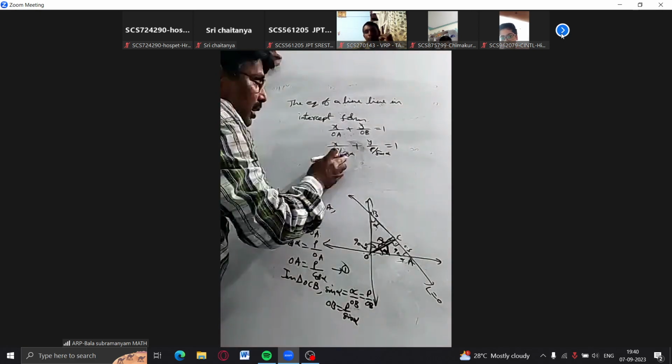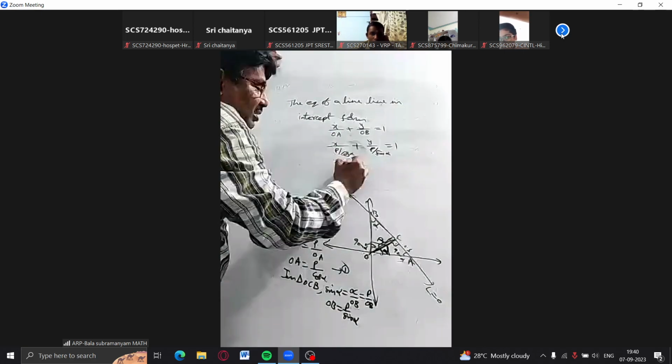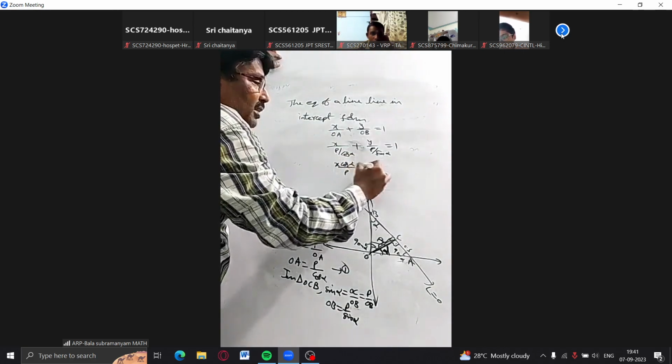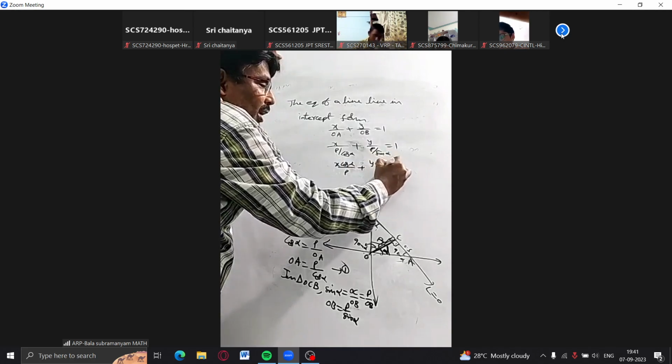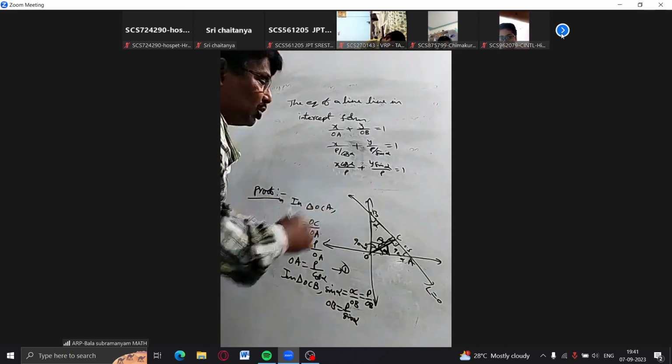Here cos alpha is taken into the numerator: x cos alpha by P plus y sin alpha by P is equal to 1. Now multiply with P on both sides.